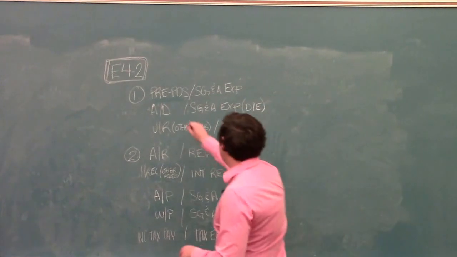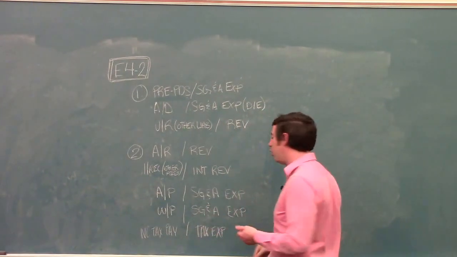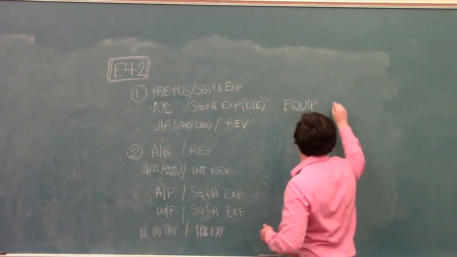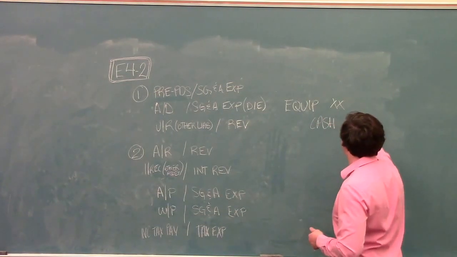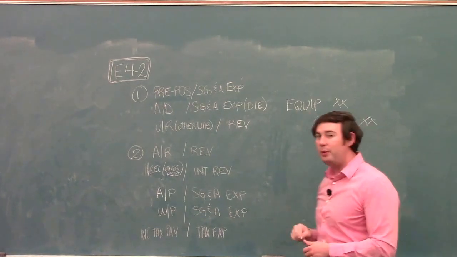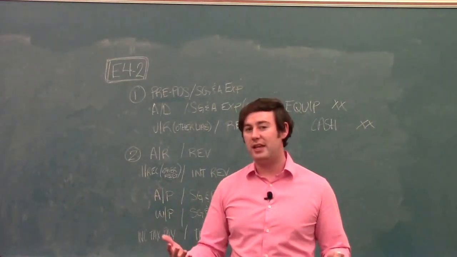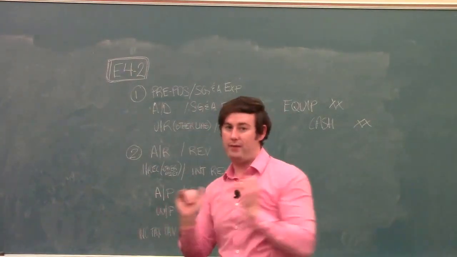So when we record the original purchase of that asset, let's say we bought equipment, we would have debited equipment, and let's just say we paid cash for it, and we credit cash. We're placing this on the balance sheet, right? We're placing this cost on the balance sheet until we can use it to generate revenue and then match the expenses with the revenue, right?